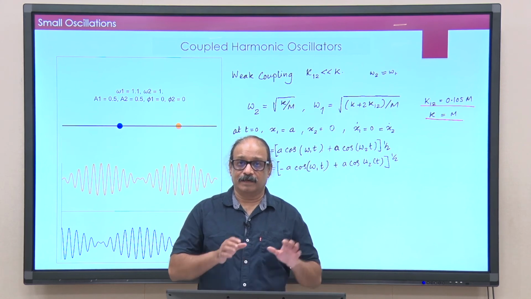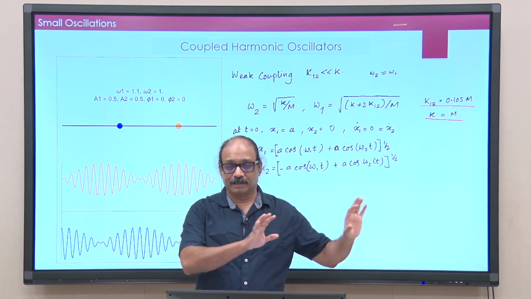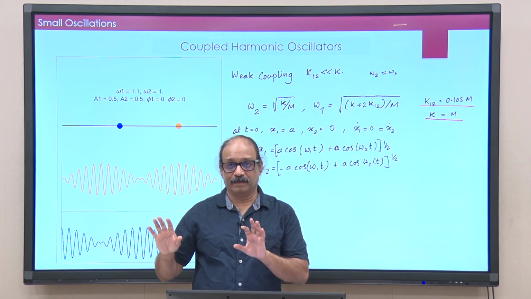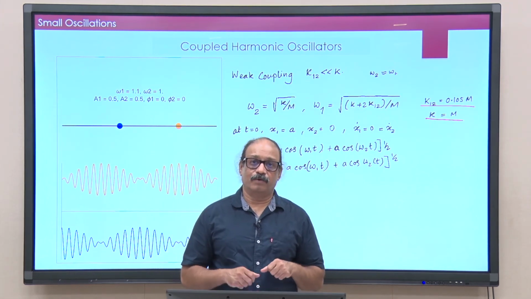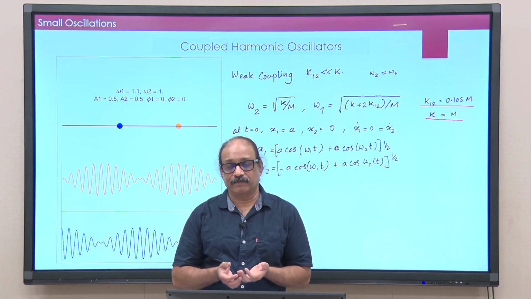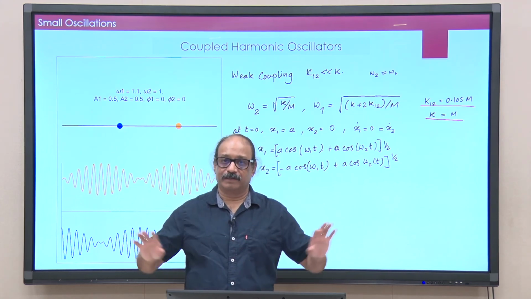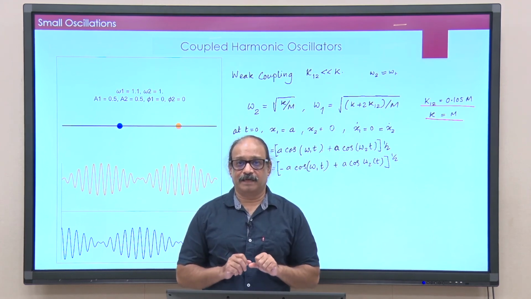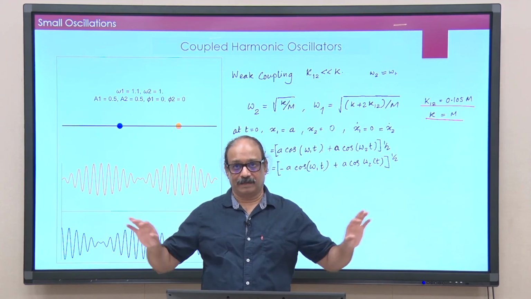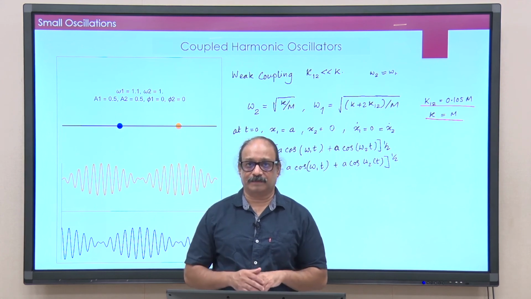It turns out that the normal mode in which both bobs are moving in sync, in phase, loses energy very quickly, leaving you with only the other mode, where the bobs are moving against each other, out of phase.